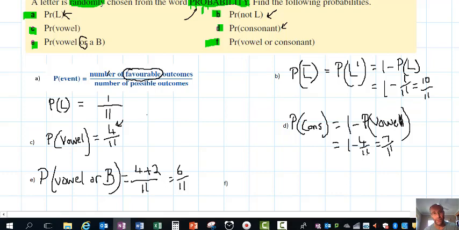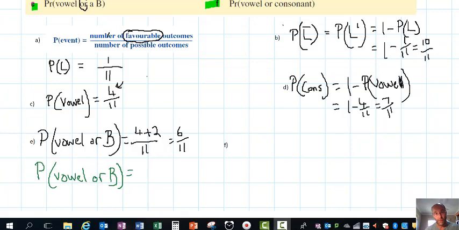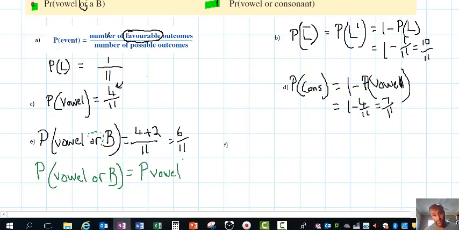Soon you will learn a more efficient way of doing that. The other way, I might as well go through that now. Or basically means to add the probabilities together, provided there's no overlap. So probability of a vowel or a B would be the probability of a vowel plus the probability of a B. Probability of a vowel we saw in part C was 4 on 11.